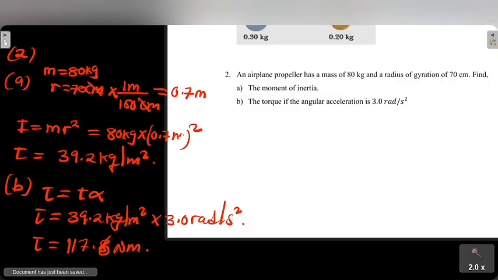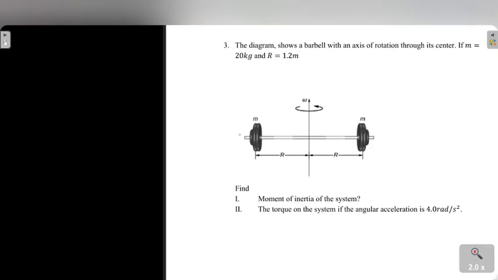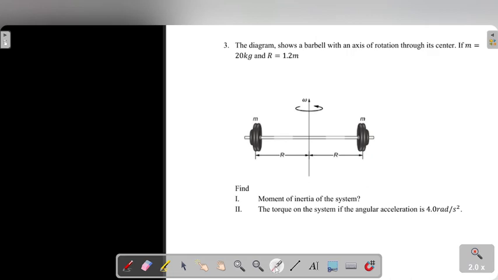So now we move to question number 3, which is our last question. Question number 3 says the diagram shows a barbell with an axis of rotation through its center. If the mass is 20 kg and the radius is 1.2 meters, find the moment of inertia of the system and also find the torque on the system if the angular acceleration is 4 rad/s².